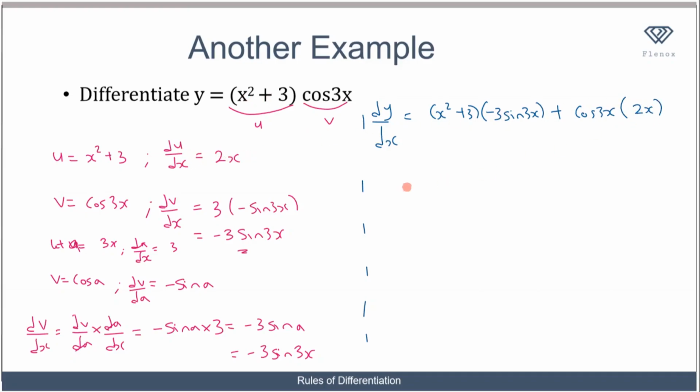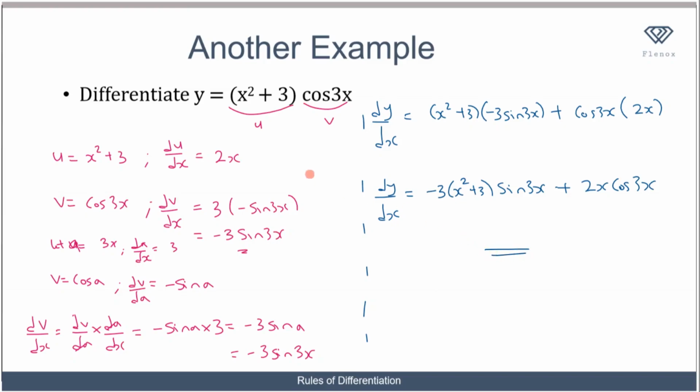When you simplify this, dy over dx is equal to minus 3 times x squared plus 3, times sine 3x, plus 2x cos 3x.